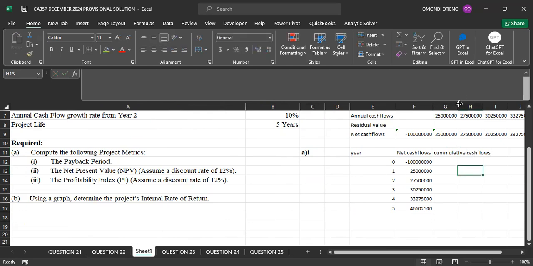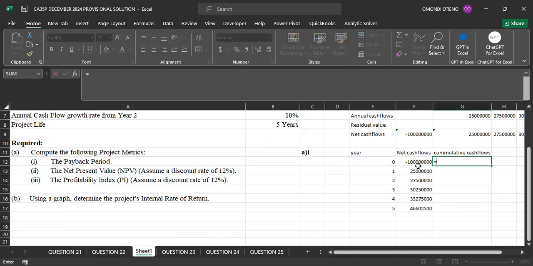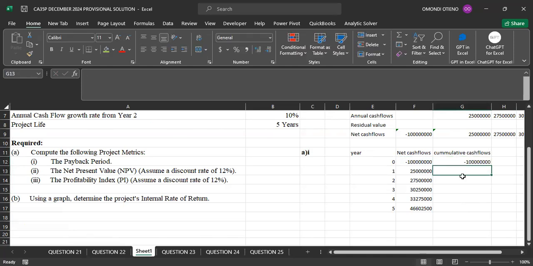The cumulative cash flows column here will give us, we say, this is the first one. How do we get the second one? It is the previous period's cumulative figure plus the current net cash flow. So if that is done, we'll be able to autofill it up to the last period, that is year 5.